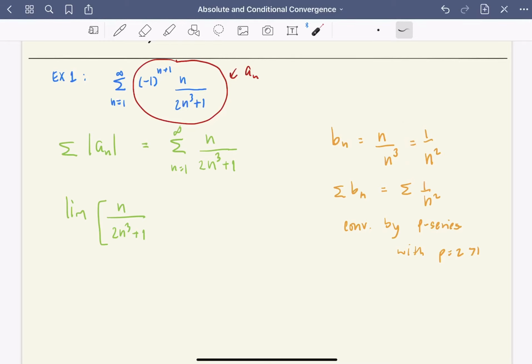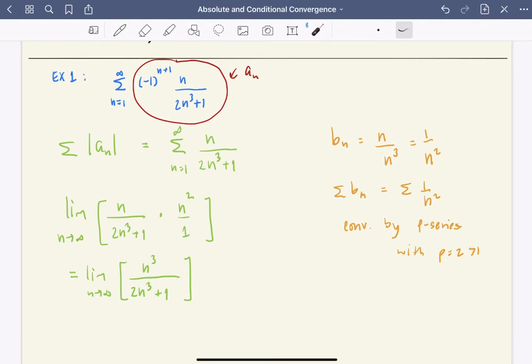Or in other words, we just flip over that one. If you cannot remember, please go back and review the limit comparison test. Okay, as n approaches infinity, we have the limit of n to the third divided by 2n to the third plus 1.